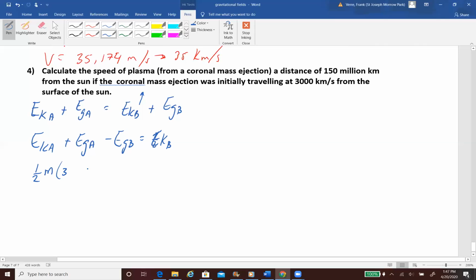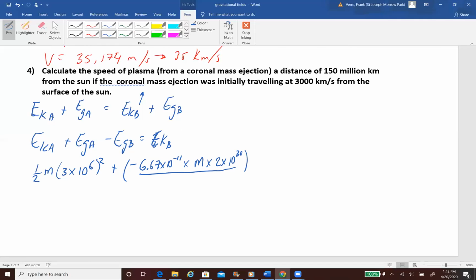So 3,000 kilometers per second would be 3 times 10 to the 6 meters per second, plus the gravitational energy at A. Again, gravitational energy is negative G times the mass of the plasma times the mass of the sun over R, which is, it's at the surface of the sun.